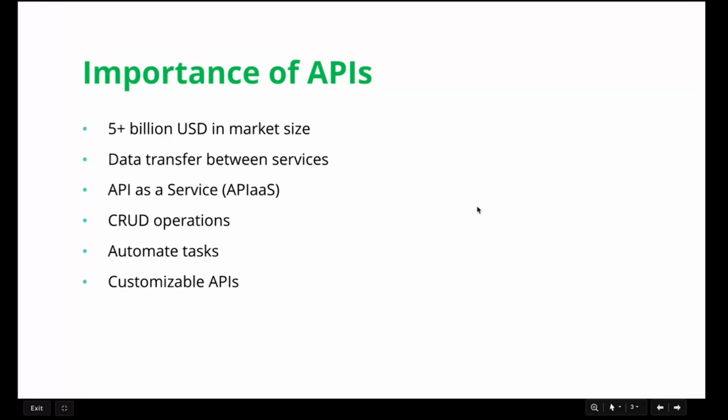Whenever I'm talking about data which is stored on a server, and you want to perform the CRUD operations, be it creating a new record, or reading the data from the records, or updating an existing record, or deleting an existing record, all of this is very effectively done using the APIs. And one of the most important things about APIs is that it helps with automating tasks.